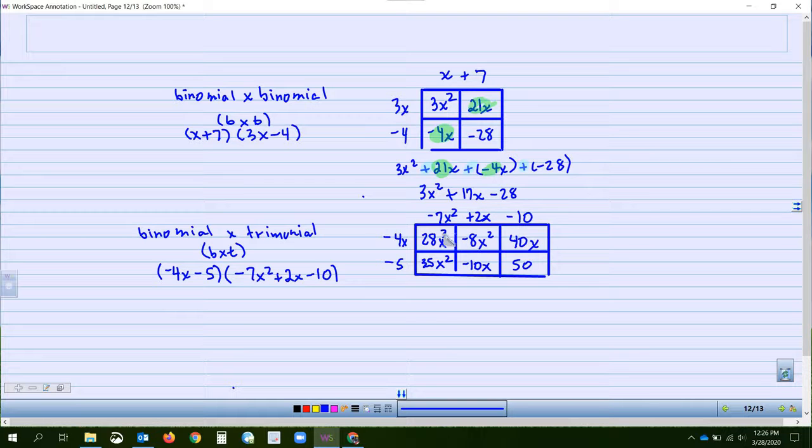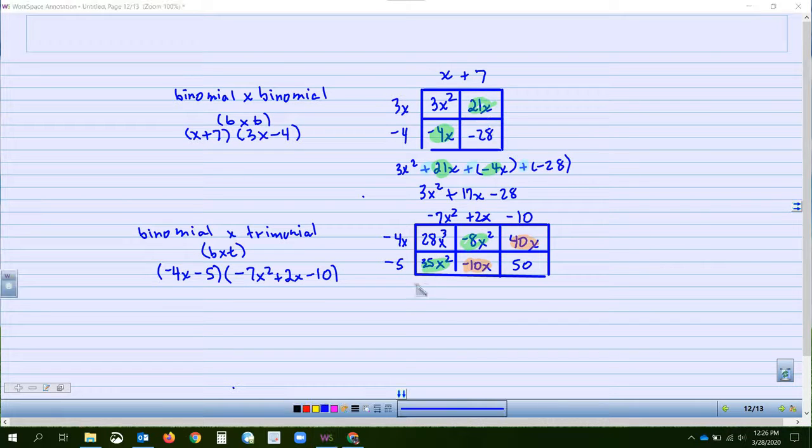Once again, we want to put all of these together, and we're looking for like terms. There's only one x cubed term, no like term. There's only one constant term, no like term. But right here, we have an x squared term, so two of those are like terms. And right here, we have x terms, so those are like terms.